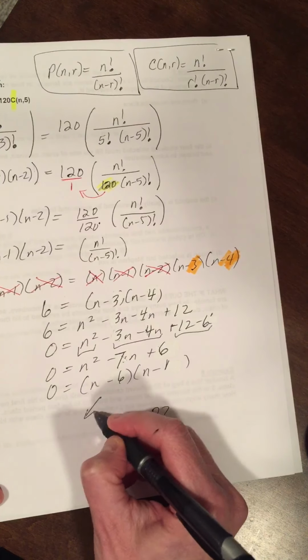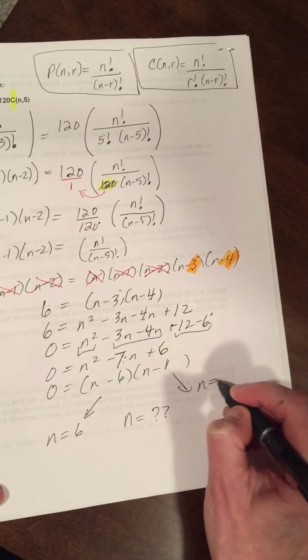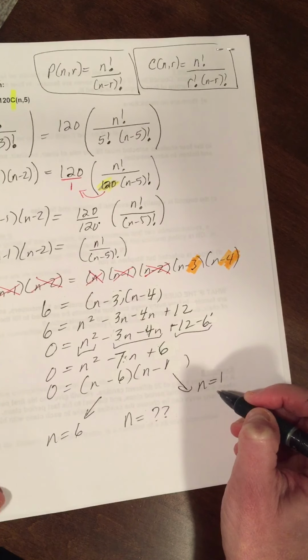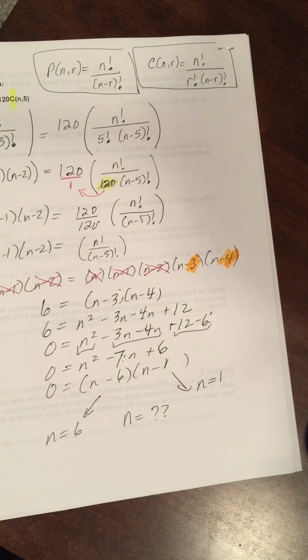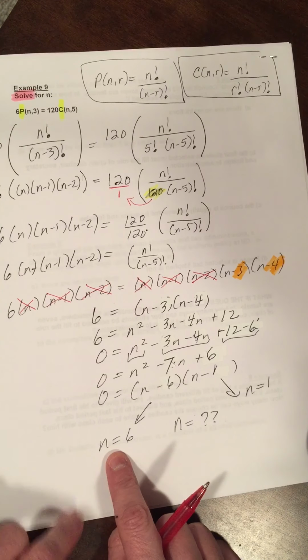Now that will result in an n equal to 6 and an n equal to 1. And again, the issue is, is this a question where I have two solutions, or is this a question where I have one? And I've had a few people contact me about this. So let me just show you crystal clear how you're deciding whether something is inadmissible.